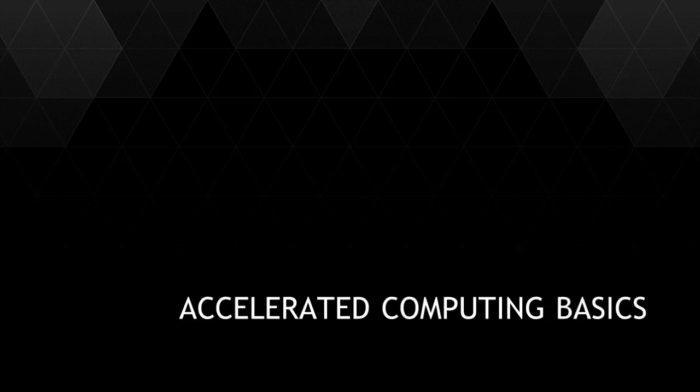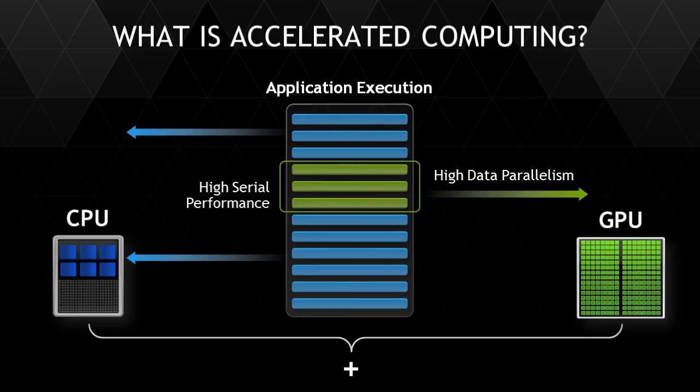So getting started, what do I mean by accelerated computing? On most machines that you purchase now, whether it be your laptop, your supercomputer, or even your cell phone, typically you'll find two different types of processors within that device. You have what we call a traditional CPU, central processing unit, which is really highly tuned for serial performance.